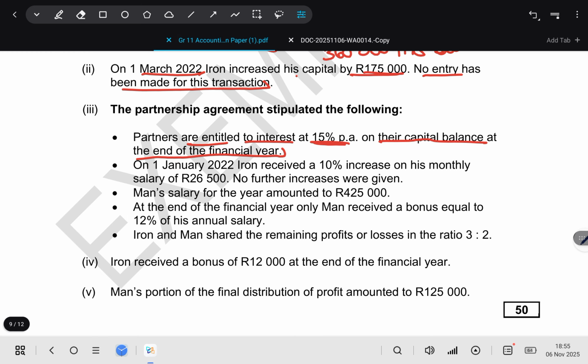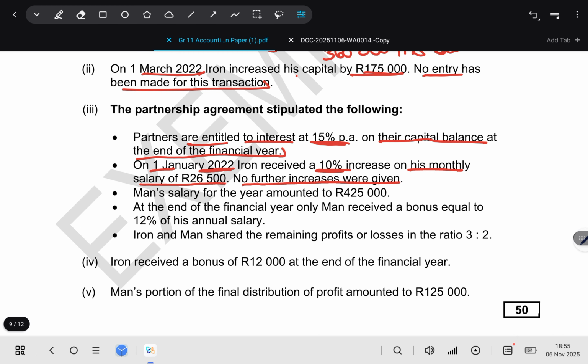Next, they're saying that on 1 January 2022, Ion received a 10% increase on his monthly salary of 26,500, and then they're saying that no further increases were given. So this is what we need to check.